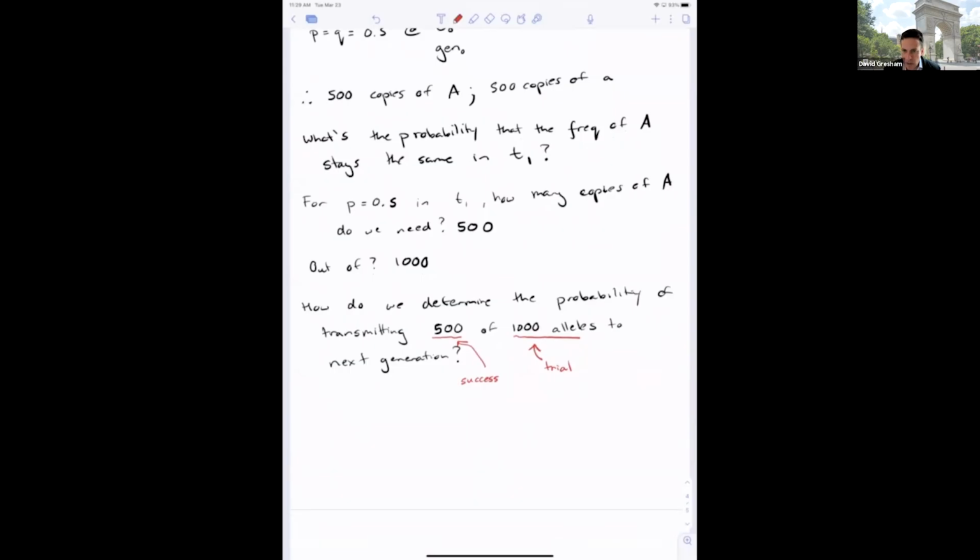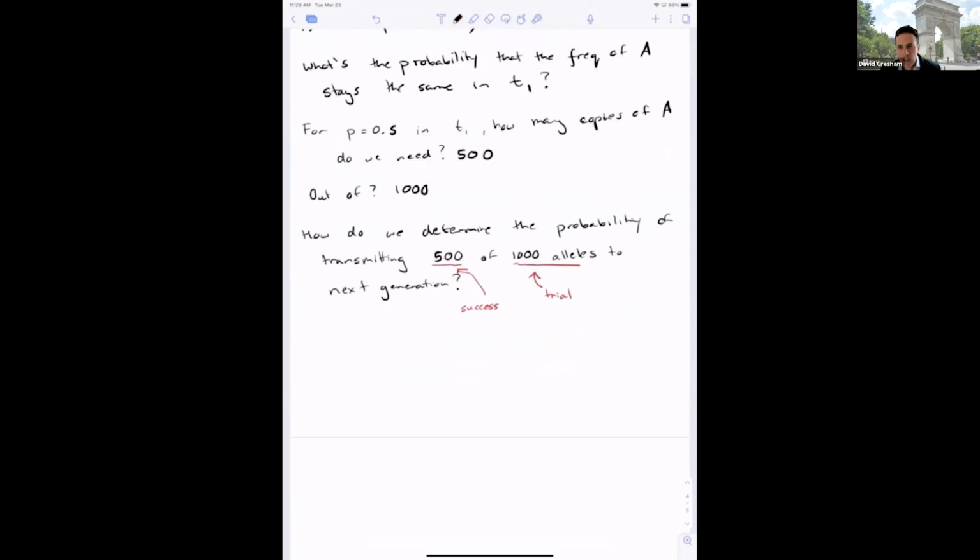How can I compute that? If we go back into the recesses of our mind, maybe just from a few weeks ago, these are Bernoulli trials. We're randomly drawing from our population, but we can use the binomial probability to ask, what is the probability of randomly drawing 500 big A alleles from 1,000 total alleles?